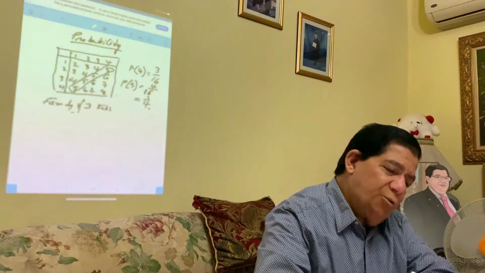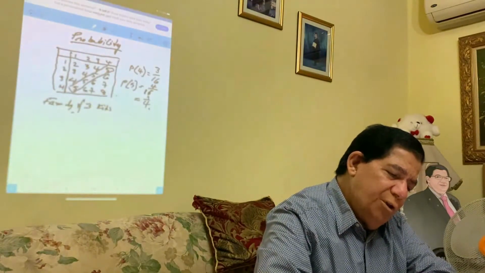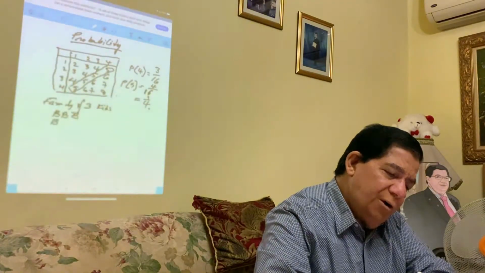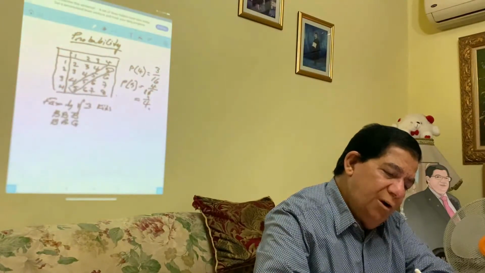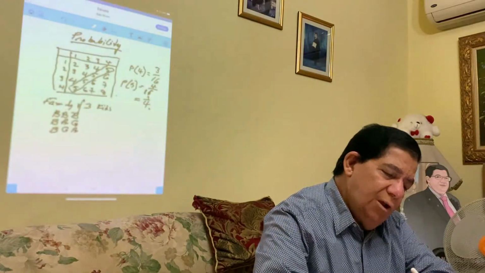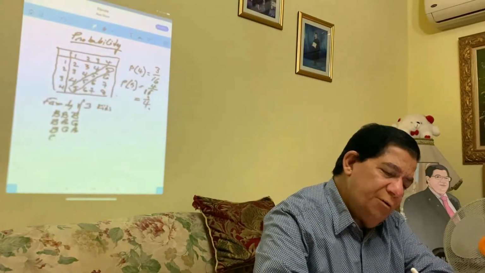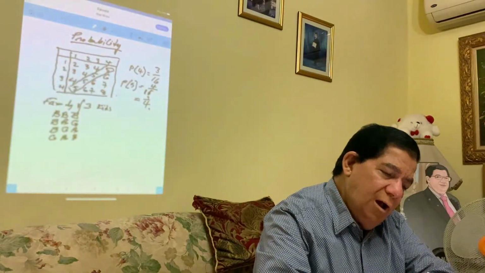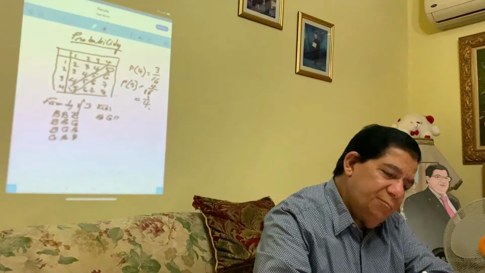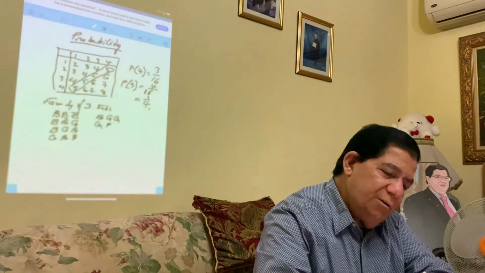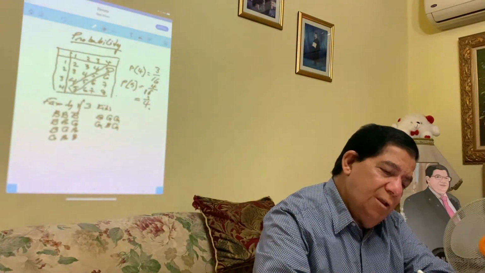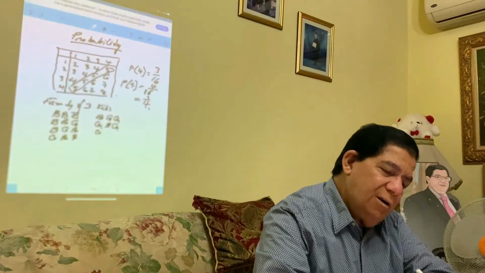Then we say, what is the outcome? It could be a boy, boy, boy, or a boy, boy, girl, or a boy, girl, boy. It could be a girl, boy, boy. It could be a boy, girl, girl, or a girl, boy, girl, or a girl, girl, boy, or girl, girl, girl.